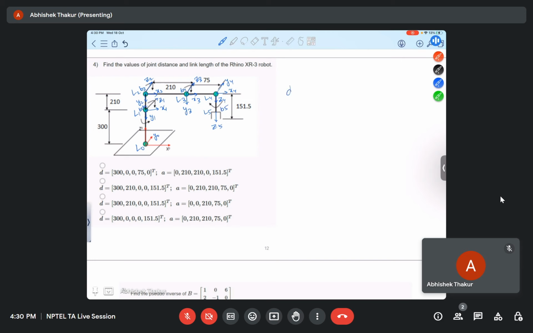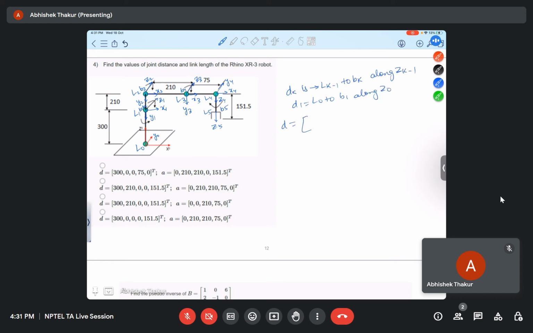So we have to find dk and a. dk is the distance from lk minus 1 to bk along zk minus 1. So d1 is equal to L naught to b1 along z naught. Let's write d completely.